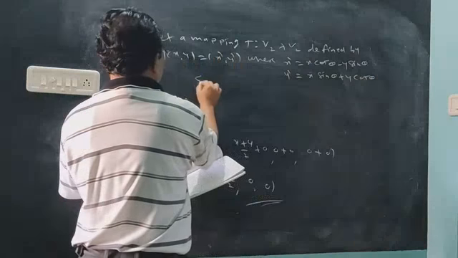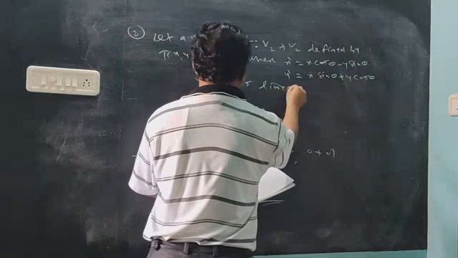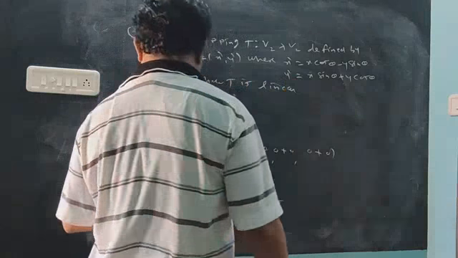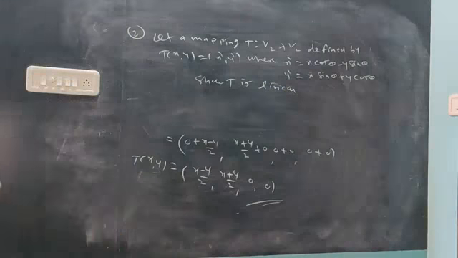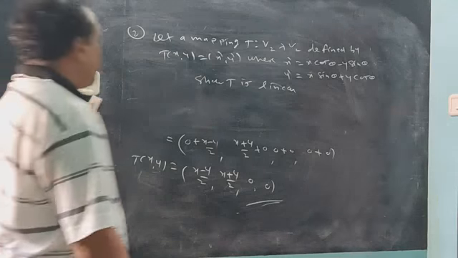Now the question is to show that this mapping T is a linear mapping. Show both the properties: T of u plus v, and T of alpha u, both the points to verify.